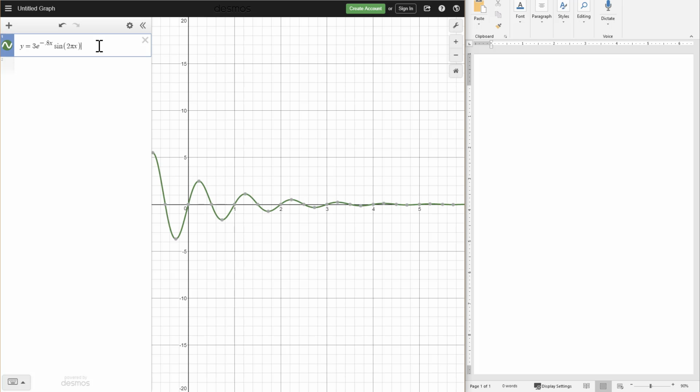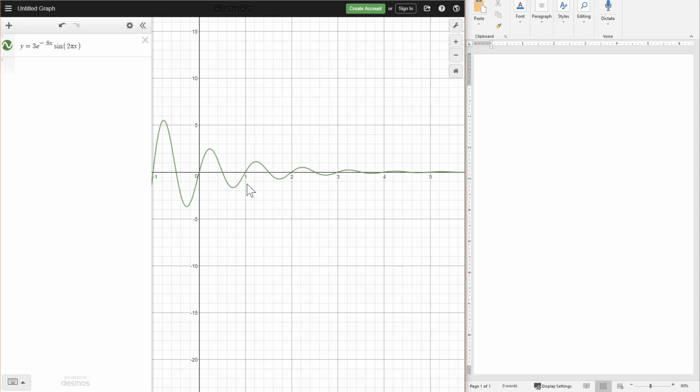Again, we'll use x, and then here is our graph. So if I want to compare that, just for comparison's sake, to 3 times e to the 0.8t, you can see that it actually is like underneath it.